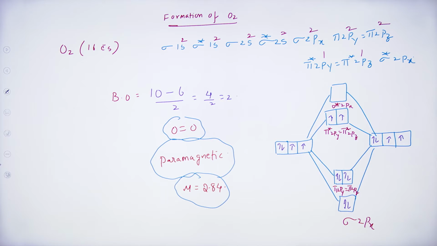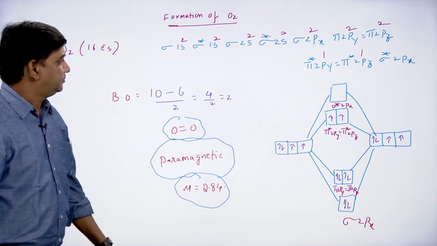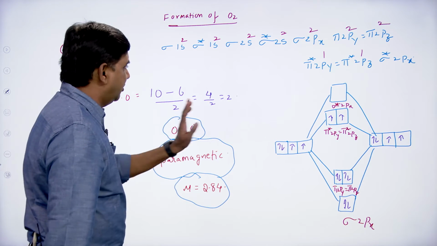This is about the oxygen molecule, students. Clearly given, every piece of information regarding the oxygen molecule is written here. Please note it down. I am giving you a few seconds, just write this down.